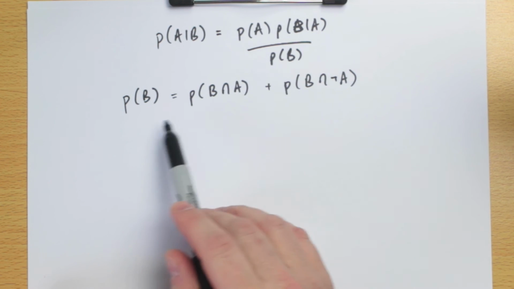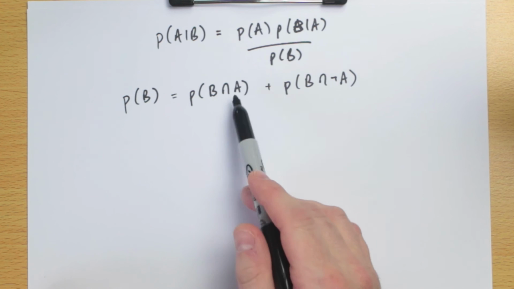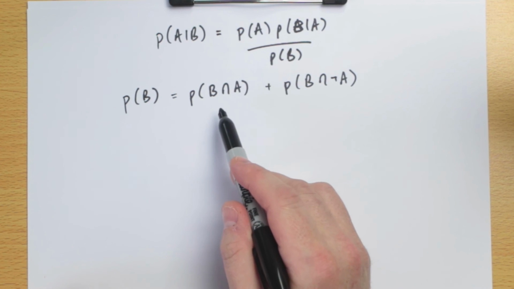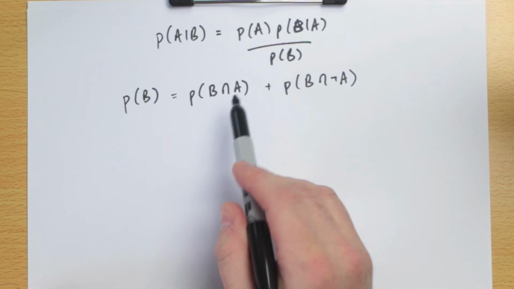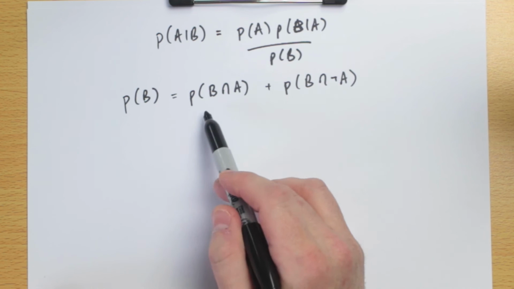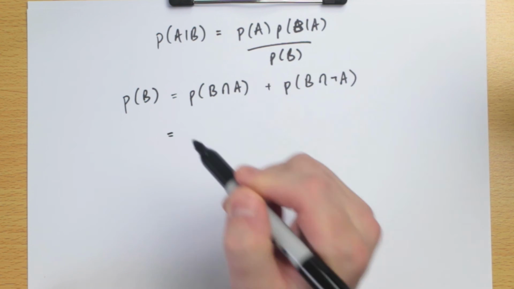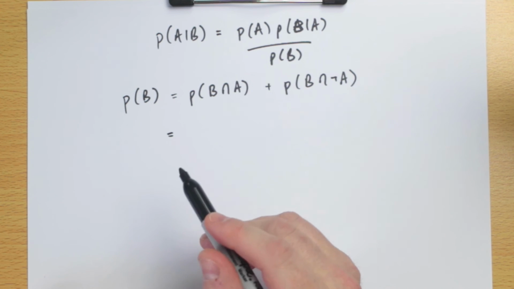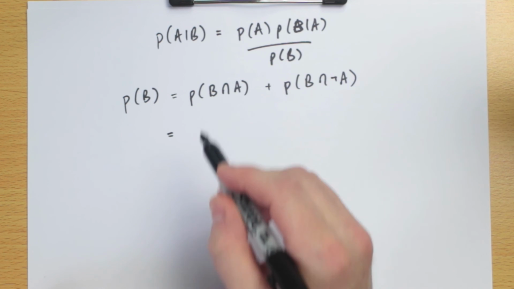So already I've broken this down. I might not know P(B), but maybe I know these two terms, okay? Now we can say a bit more about these because from the general multiplication rule, we know how to calculate these intersections, okay? So how would I calculate the probability of B intersecting with A? I could do it in several ways.